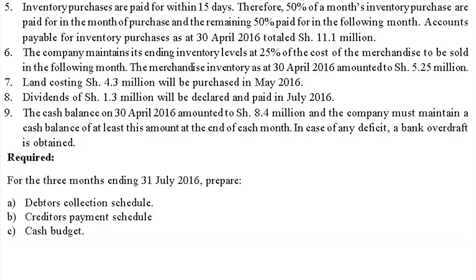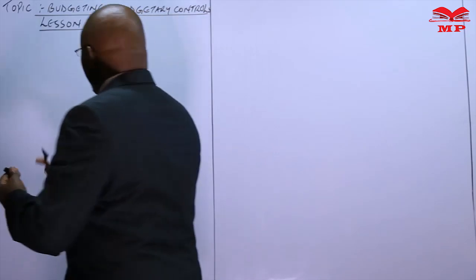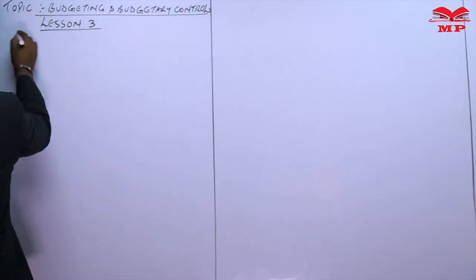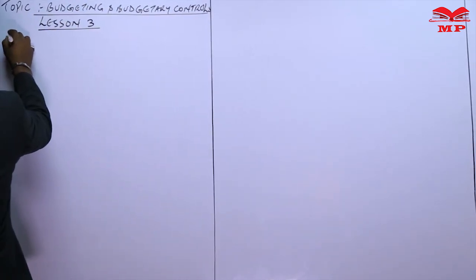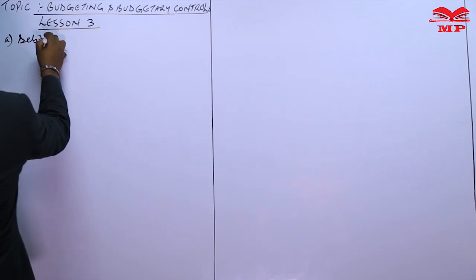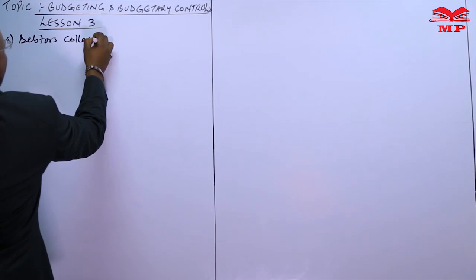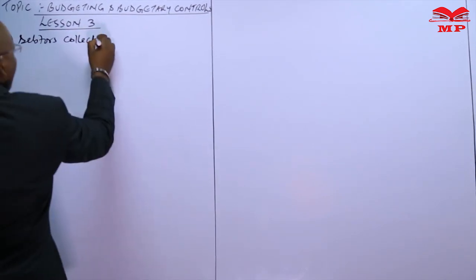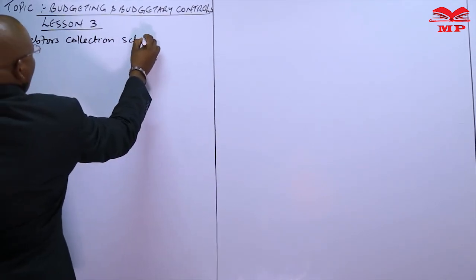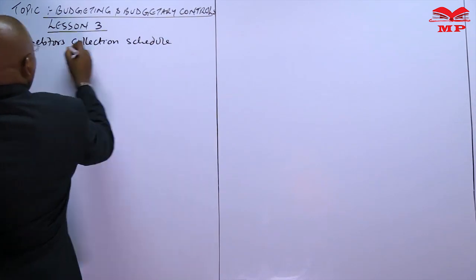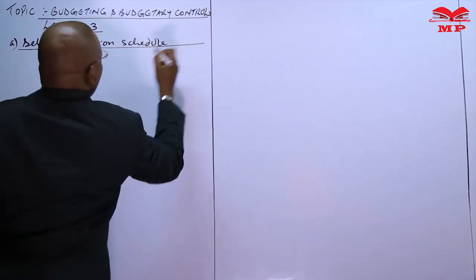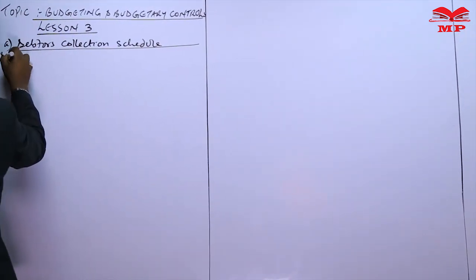So for us to get the debtors collection schedule, we are going to present it this way. So this is number A, debtors collection schedule. So we'll have the details.